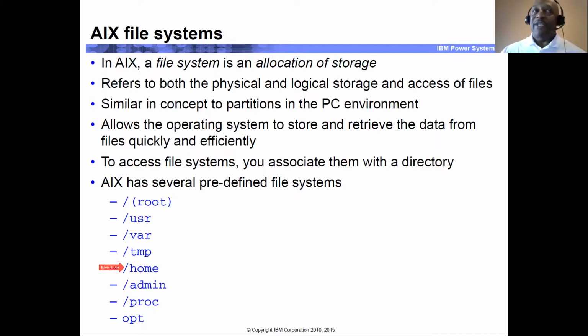These are the AIX predefined file systems, and they have been the predefined file systems since version 5.3. Root, /usr, /var, /tmp and /home have always been there. At 5.3, they added /admin, /proc, and /opt as part of the default rootvg created file systems.